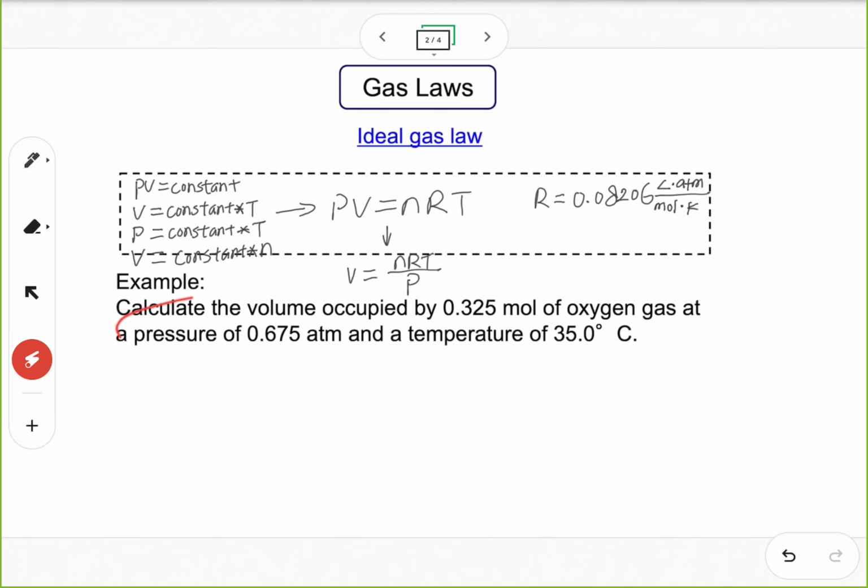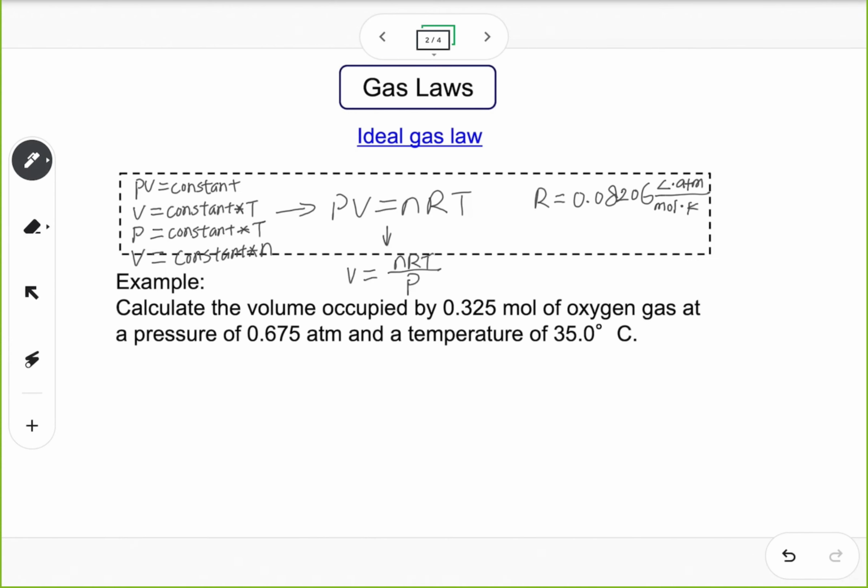Now let's use this example to demonstrate how we use ideal gas law to do calculation. Calculate the volume. Find out the volume occupied by this many moles of oxygen at the pressure of 0.675 atm, and the temperature is this. Let's plug those data into this equation. Remember to use the right unit.